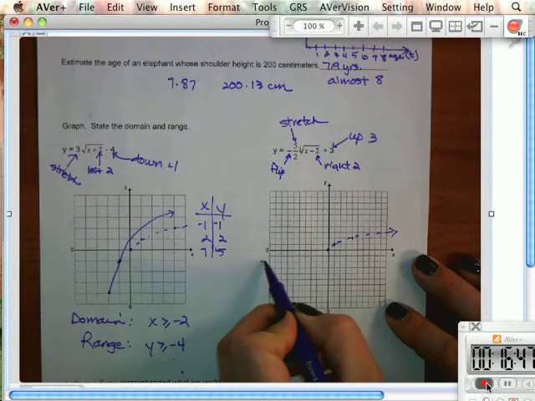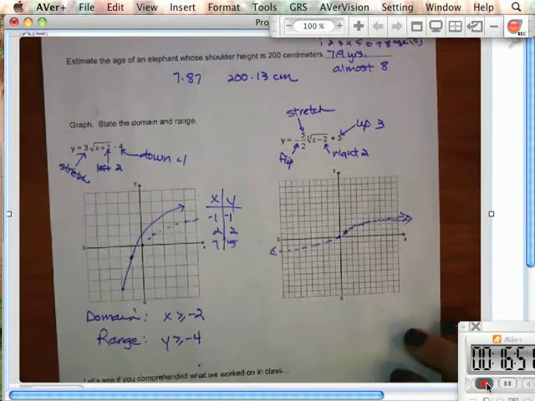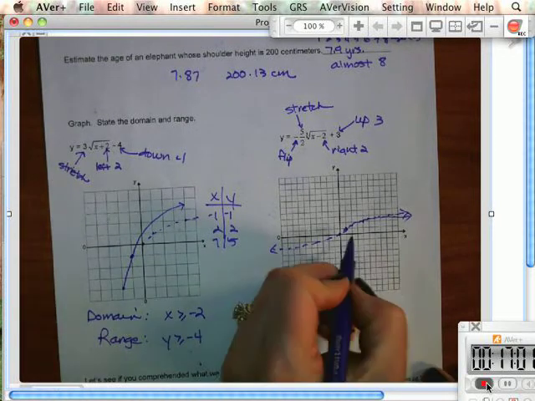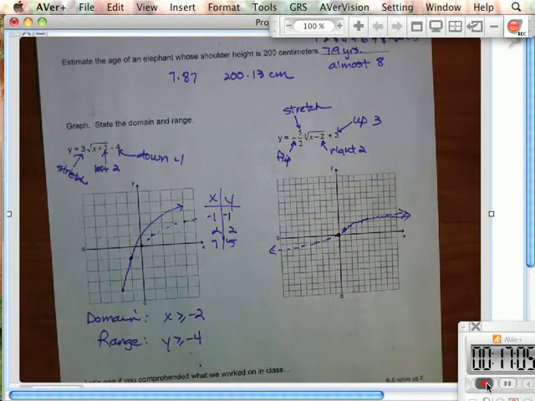So let's just convert it to a snake, sort of. There's the parent function. Now, you have options. Throw it on the calculator, get some points. That's fine with me. But know that if you want to shift it, you shift it from the center, like up 3, right 2.